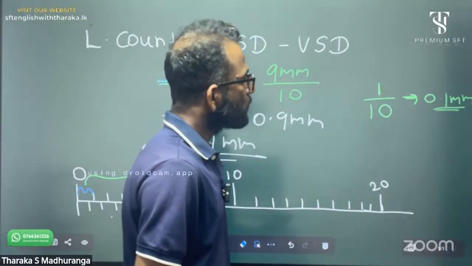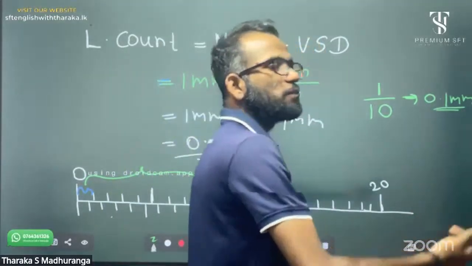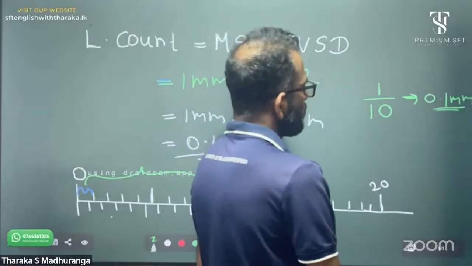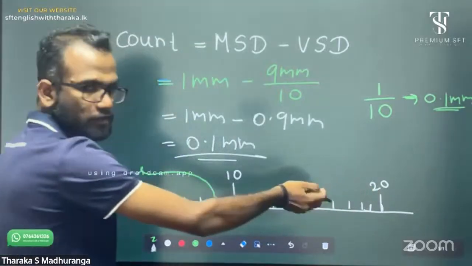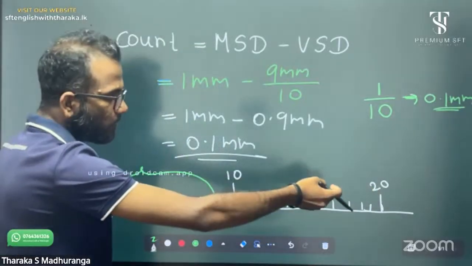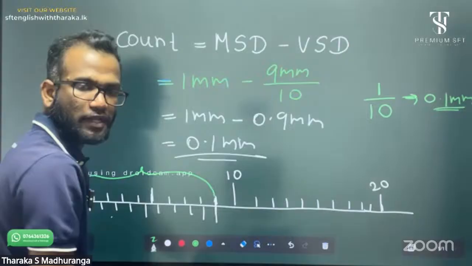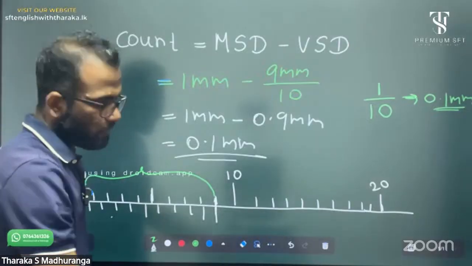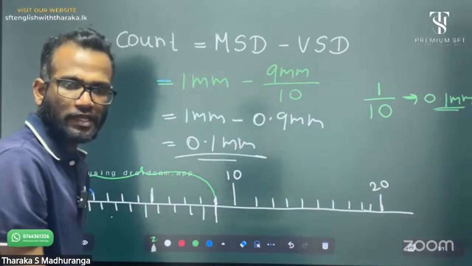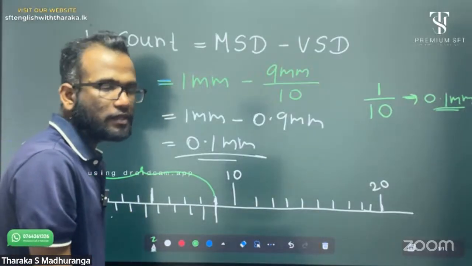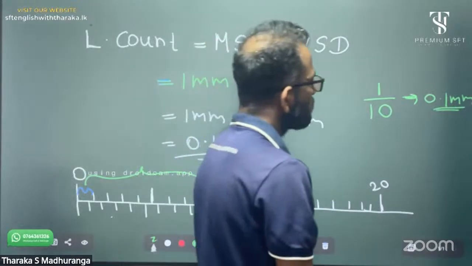Look, this is a different type of instrument. 49 millimeter on main scale. It is not the regular type. 49 millimeter on main scale divided into 50 identical parts on vernier scale. 49 on main scale divided into 50 identical parts. Right? Then how to get the least count?